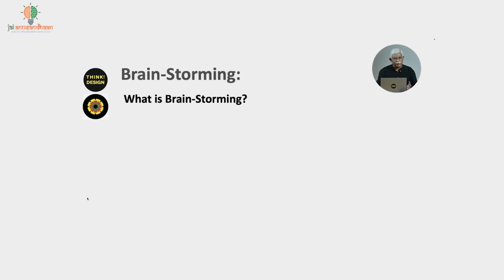So let's look at what is brainstorming. You might not realize it, but we do brainstorming all the time. Let's say, for instance, you have to decide to go on a trip. You're thinking of which places would be nice or interesting to go to.